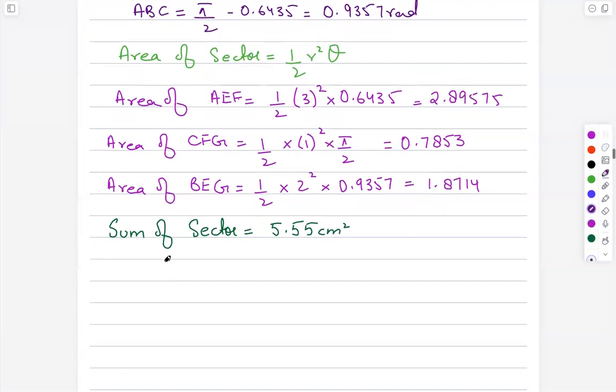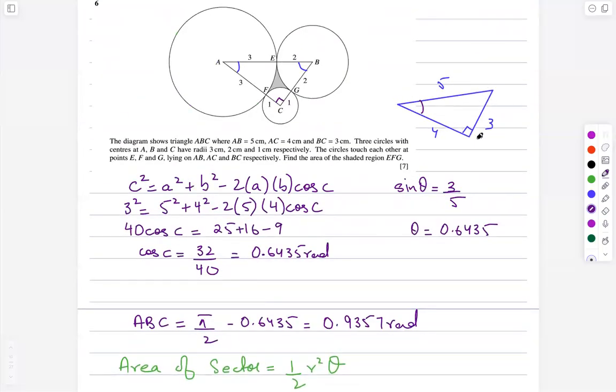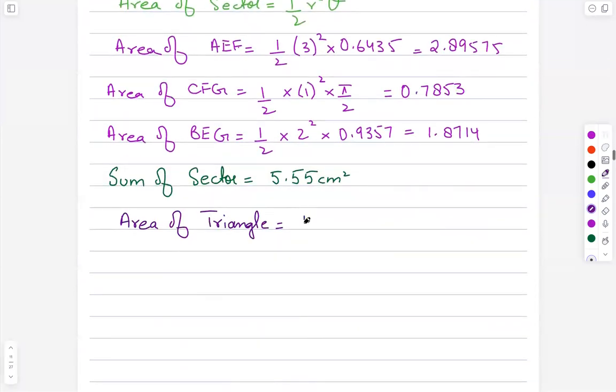The area of the triangle will be half base into height. As it is a right angle triangle, the base is 4 and the height will be 3, or the other way around. So that will become half into 4 into 3, which is equal to 6. So the area of the shaded region will be 6 minus 5.55 centimeters squared. The final answer will be 6 minus 5.55, which is equal to 0.45 centimeters squared.